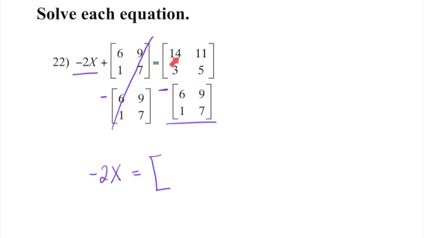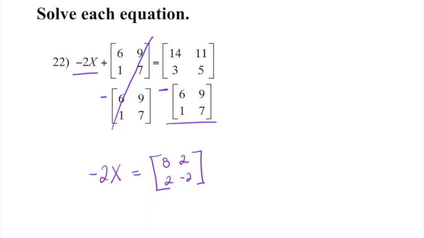So I'm going to say 14 minus 6. Then 11 minus 9. Then 3 minus 1. And then 5 minus 7. And so I've gotten it over to the other side.